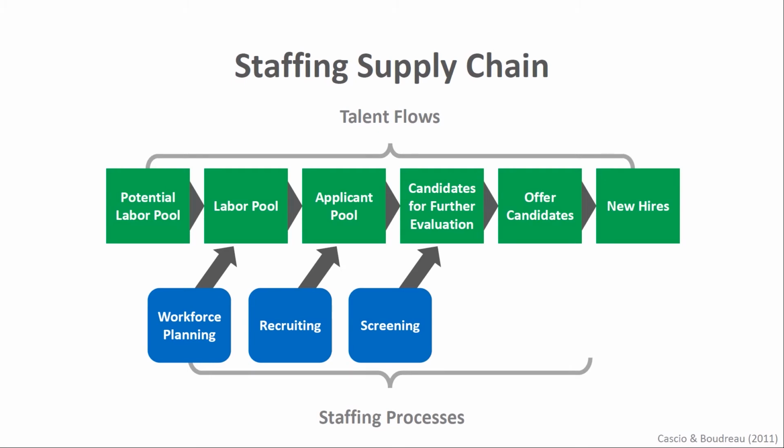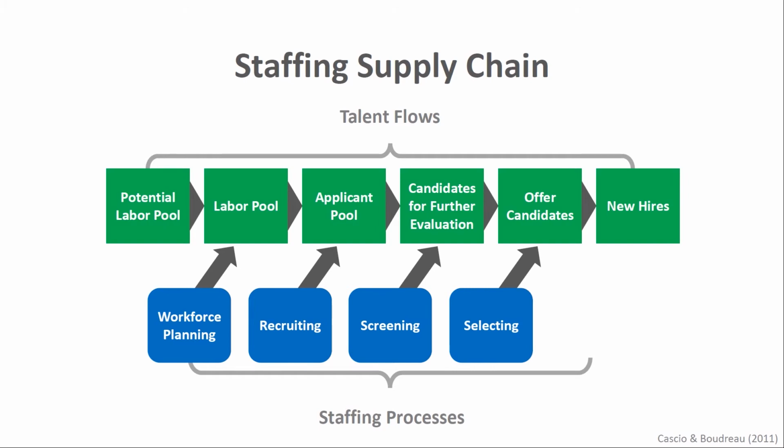Screening, which is part of the selection process, is where we take those people that have applied for a position and determine which people meet the minimum qualifications, for example. Then we evaluate those people who have made it through the screening process with perhaps some more robust selection tools that we might deploy. This is where selecting or selection comes into play.